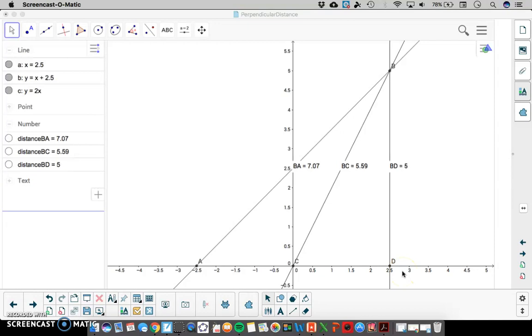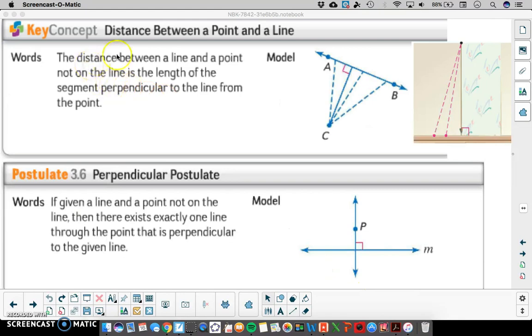But what would be the true distance to point B from the x-axis? Which one of these lengths would be the true distance from point B to this line? Well, the distance between a point and a line is going to be the perpendicular distance between that point and that line. So as we look back at that previous model, the perpendicular distance would have been the 5 units.